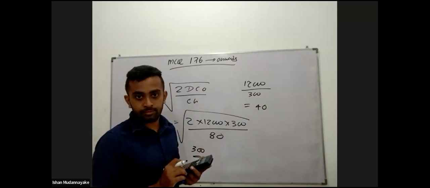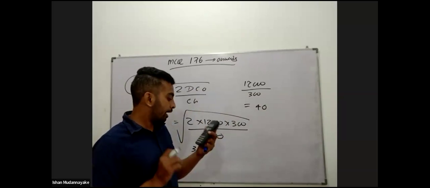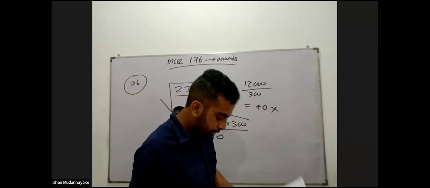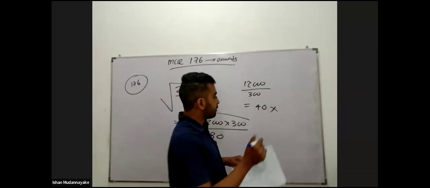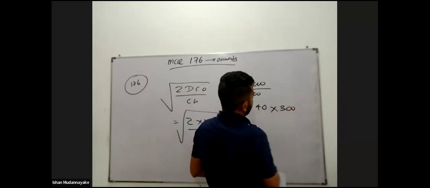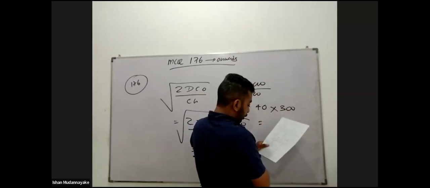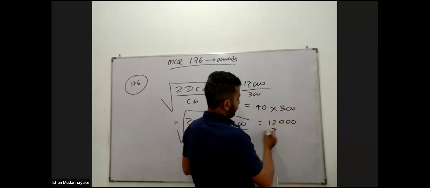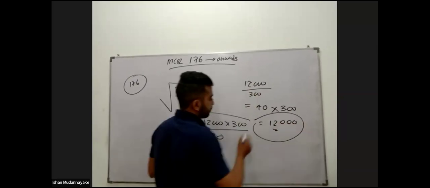Then 40 orders into cost per an order 300. Then total ordering cost is 12,000.